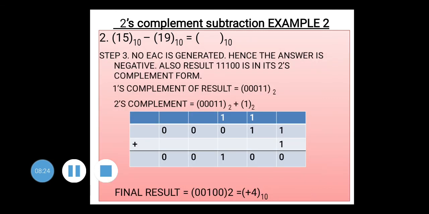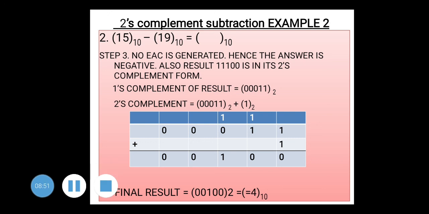If the end around carry is not generated, the answer is negative. So whatever you are getting is negative. The next step is to find the 2's complement of the given number, as shown here, and then convert it into a decimal number. That is 4. After converting to a decimal number, you add a minus sign to it. Sorry, here a plus sign is shown.